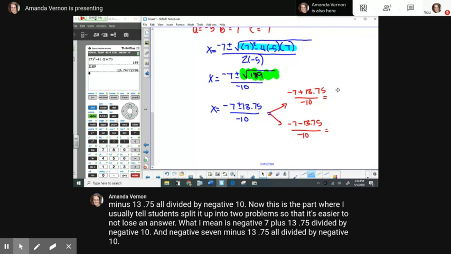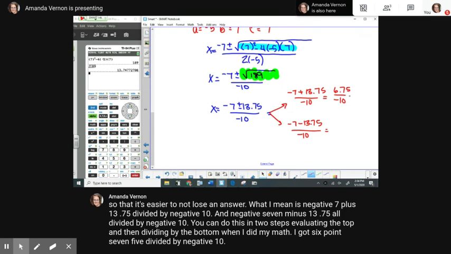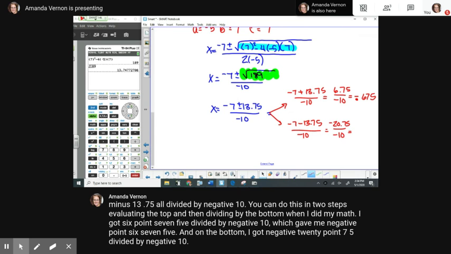You can do this in 2 steps, evaluating the top and then dividing by the bottom. When I did my math, I got 6.75 divided by -10, which gave me -0.675. And on the bottom, I got -20.75 divided by -10, which gave me 2.075.